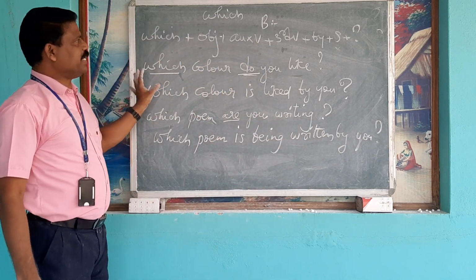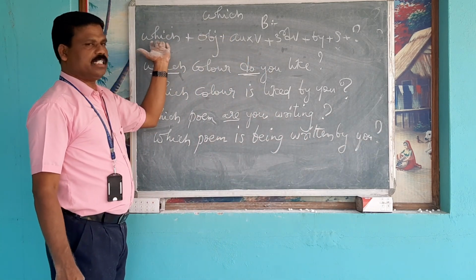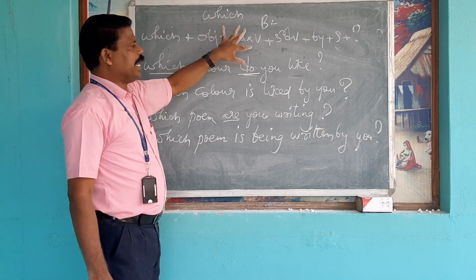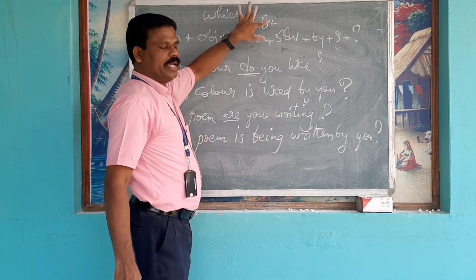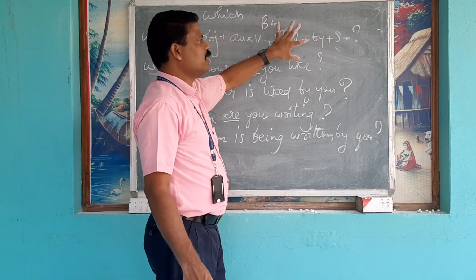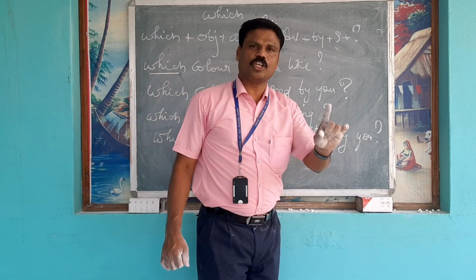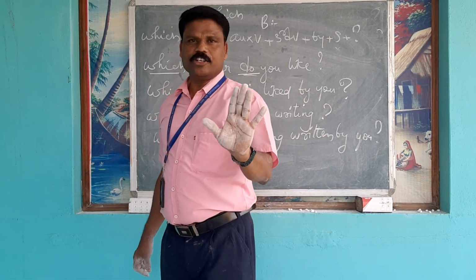So if the sentence begins with which plus object plus auxiliary verb plus be, being, been plus third verb plus by plus subject plus question mark. Did you get it?